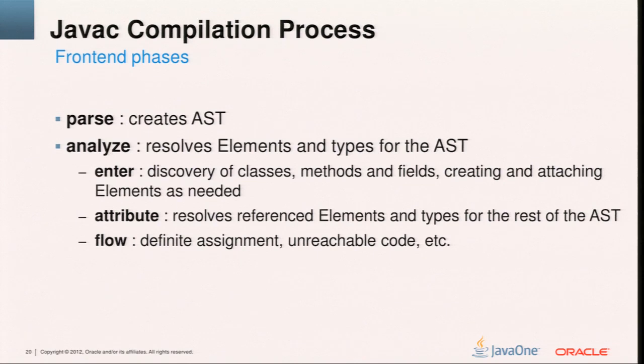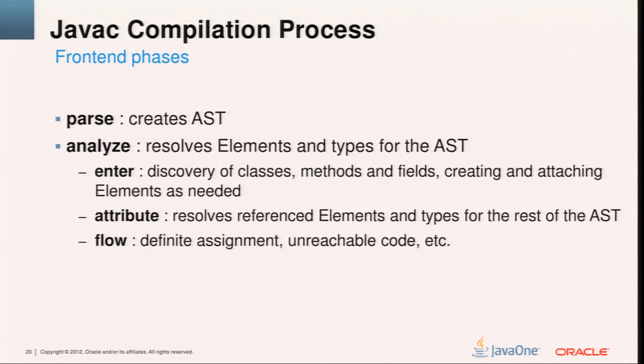It does the lexical analysis and then parses the source code and creates an AST for that. And then there is an analyze phase that goes through the AST and attaches all of these elements and types to the AST. This analyze phase has some smaller subphases inside it.